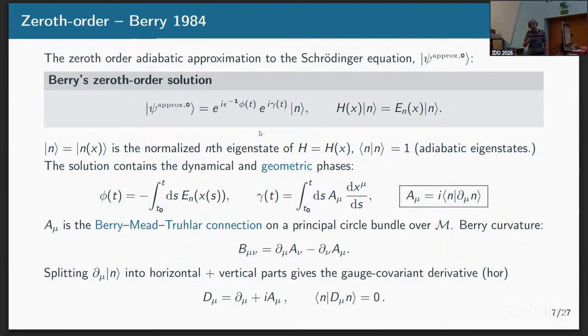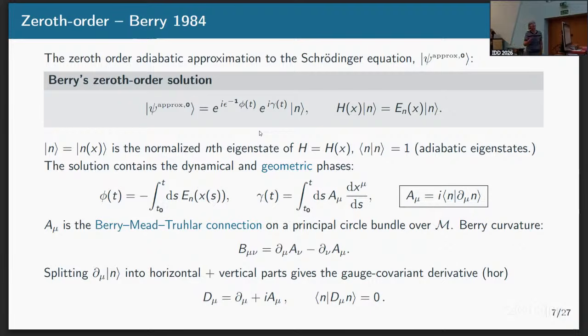from '84. So, in the zeroth order solution, basically, your physical system, your Hamiltonian, is in an eigenstate, an adiabatic eigenstate n with energy E_n of x, which depends on time through the dependence on the position.